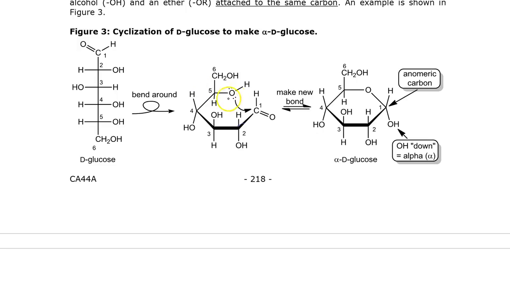And what happens is the OH group from carbon number 5 makes a bond to the carbonyl group on carbon number 1. And when it does that, this double bond goes away and picks up an H to make this OH group. And this O ends up with 2 bonds.